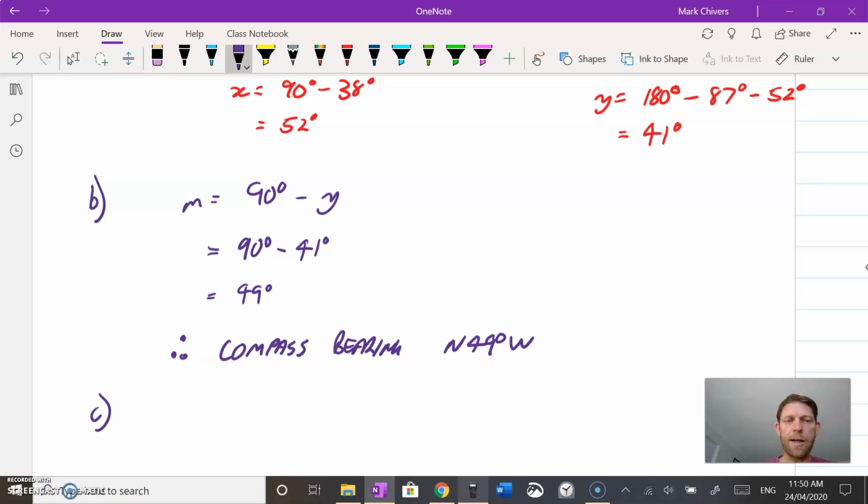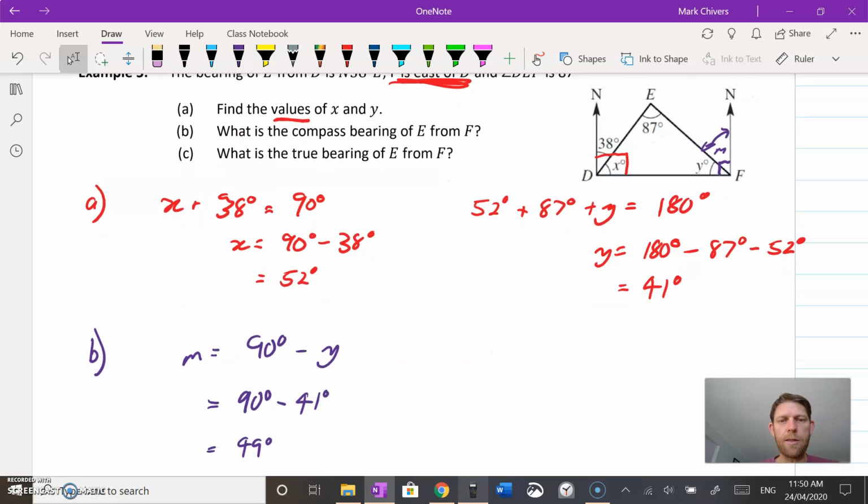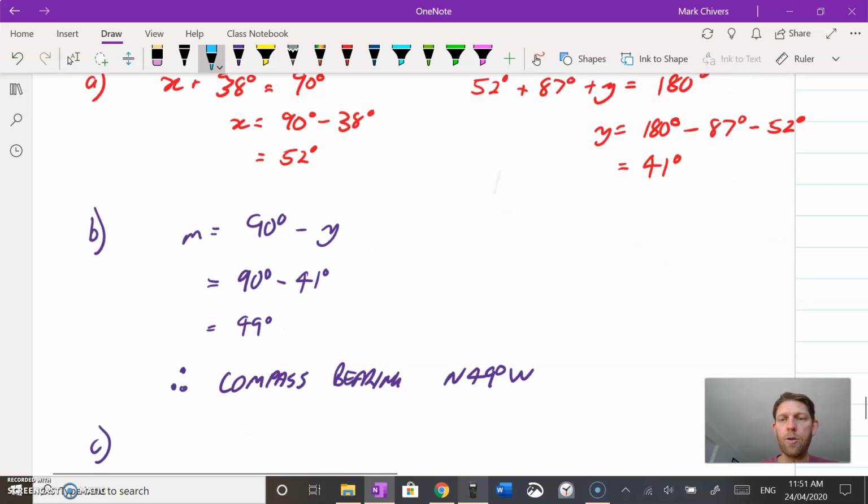Okay, then moving on to part C, it's pretty much the same sort of question. We're still at F, we're still looking towards E, but now instead of being interested in the little angle there, we're interested in this whole angle around here. Now there's two ways to go about that.